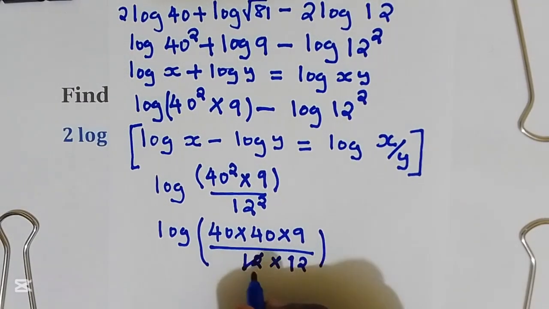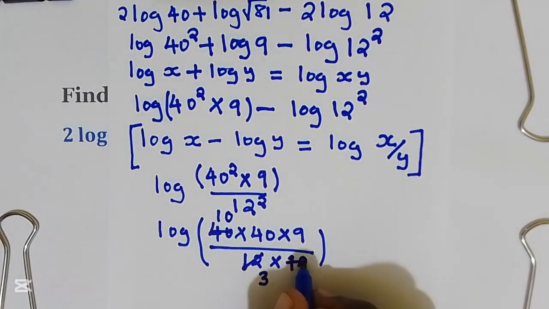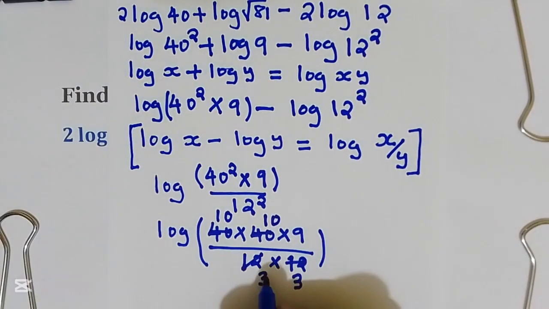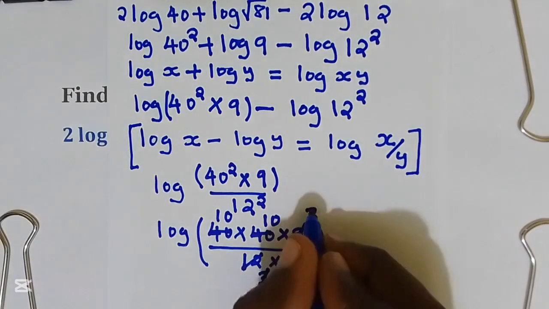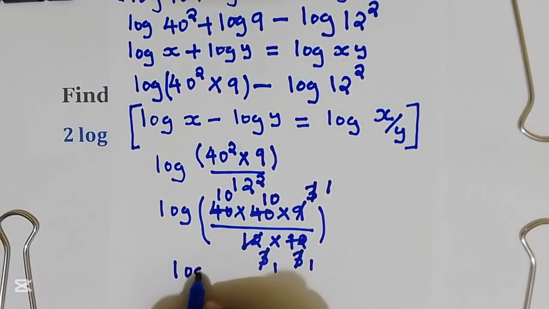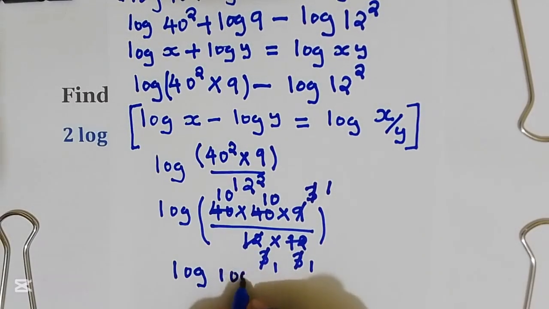By 4, we got 3. By 4, we got 10. By 4, it is 3. By 4, we got 10. By 3, 1. By 3, 3. By 3, 1. By 3, we got 1. So we are going to remain with log 10 multiplied by 10, it is 100.